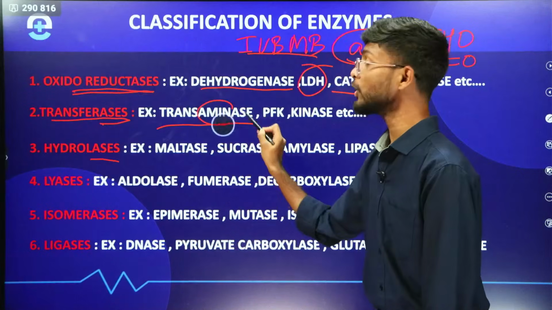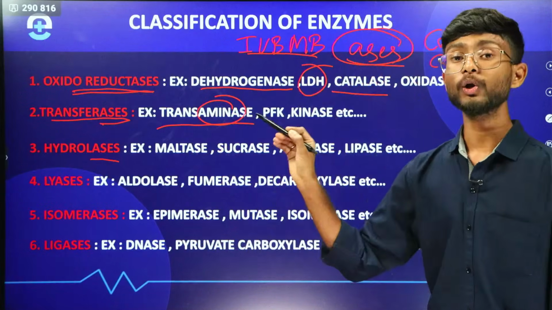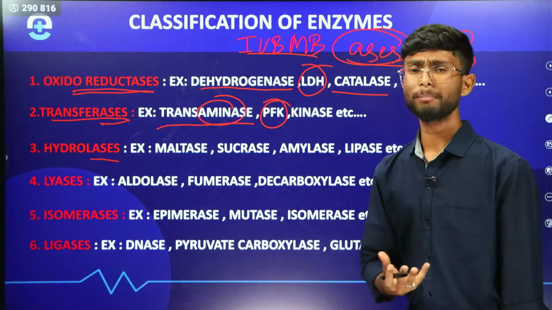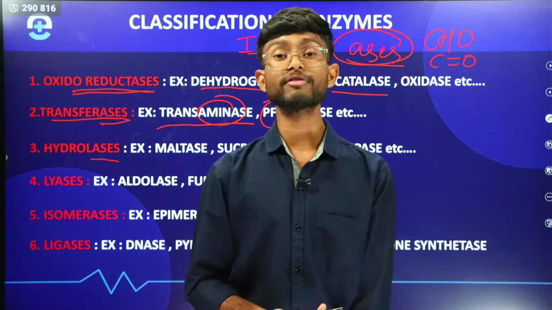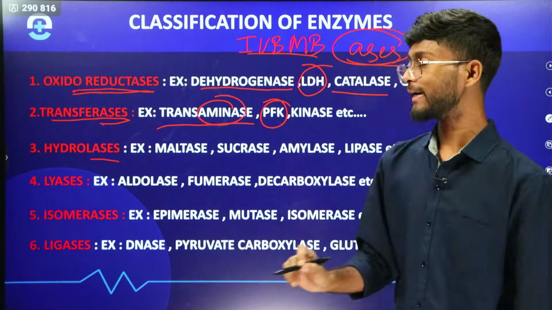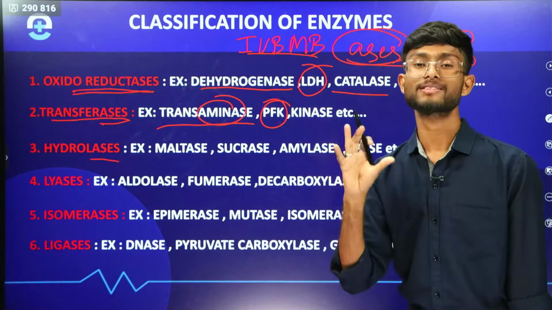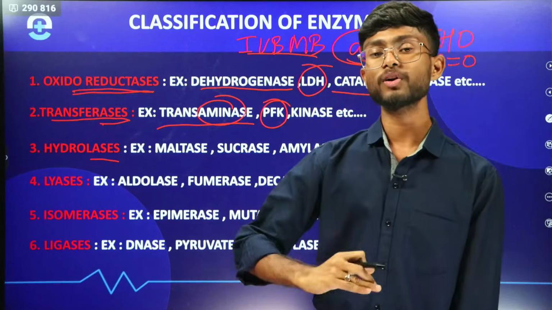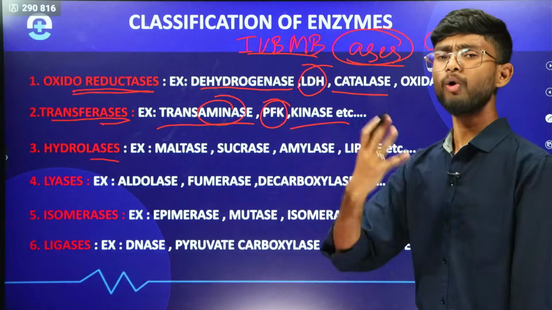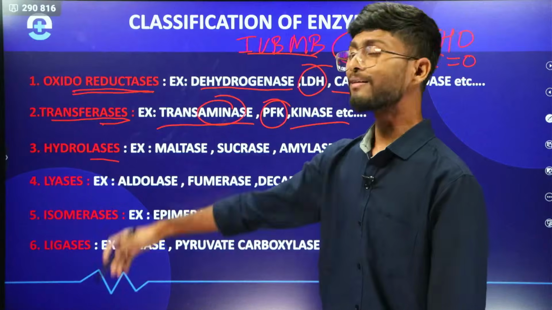Here the amino group will be transferred. And PFK. What do you mean by PFK? Phosphofructokinase. This is an enzyme which catalyzes the transfer of a functional group, and also kinase enzymes, and many more enzymes are present under the transferases.